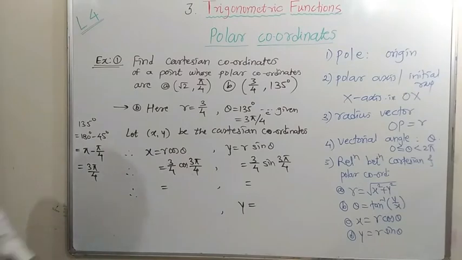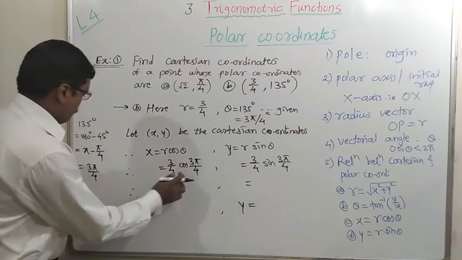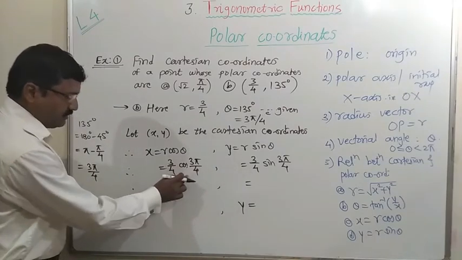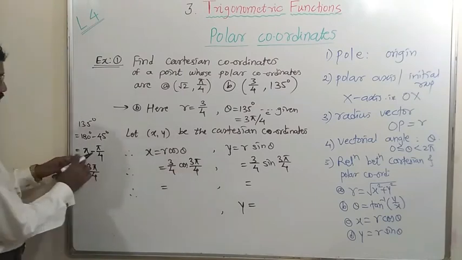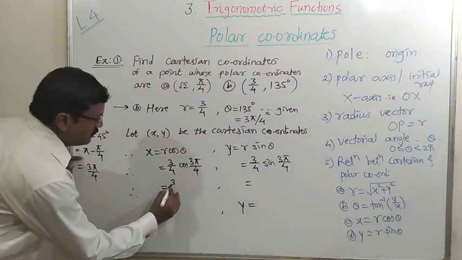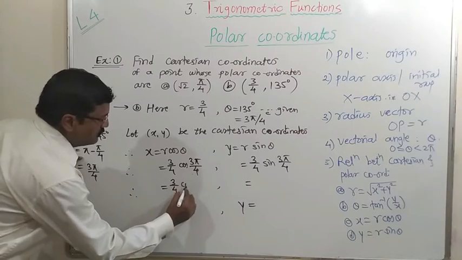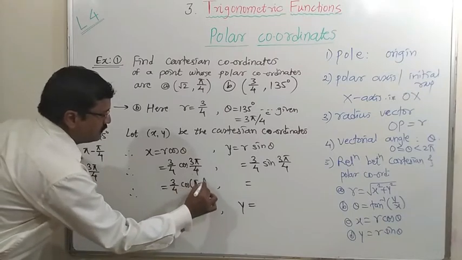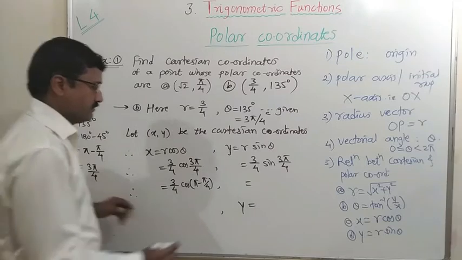Now, if you know directly the value of cos 3 pi by 4, good; otherwise you can use pi minus pi by 4. So we get 3 by 4 into cos of pi minus pi by 4.